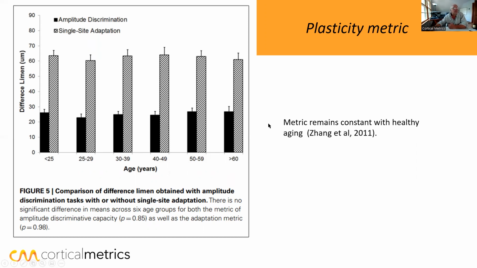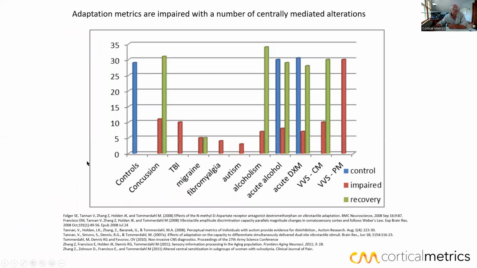Now, if we just measure the difference, and we just call that the adaptation metric, controls have a difference, basically the difference between single site adaptation and amplitude discrimination. It's about this high. And then for all these different neurological disorders, those values go way down.